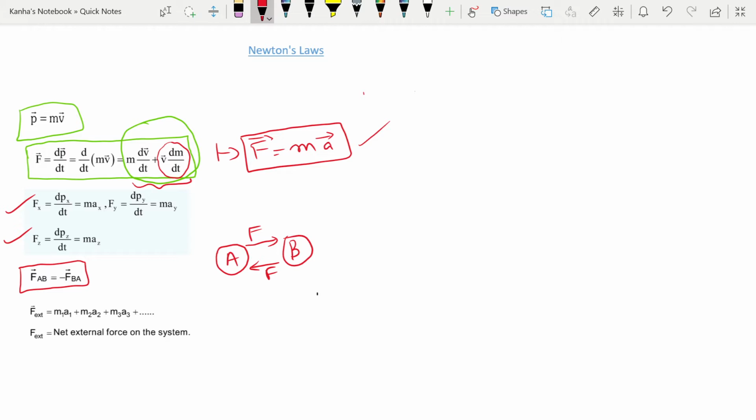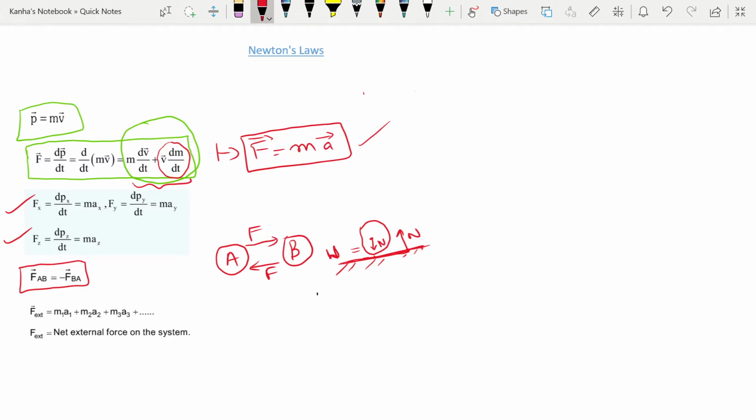For example, if I have a weight kept on the floor, then this weight exerts a normal reaction and gets back a normal reaction from the floor. If this is kept on earth, this normal reaction is equal to weight W.